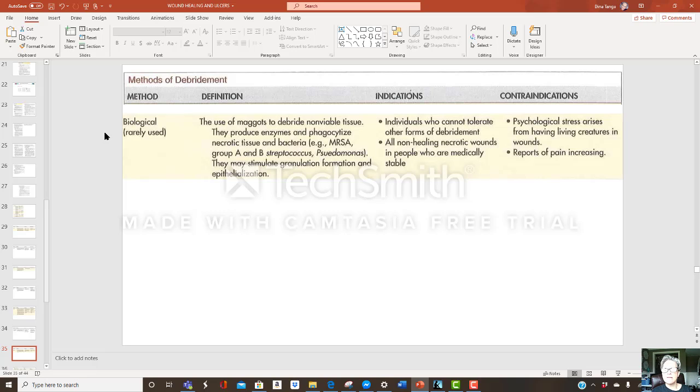Indications: individuals who cannot tolerate other forms of debridement, all non-healing necrotic wounds in people who are medically stable. Contraindications include psychological distress arising from having living creatures in wounds and reports of increasing pain.